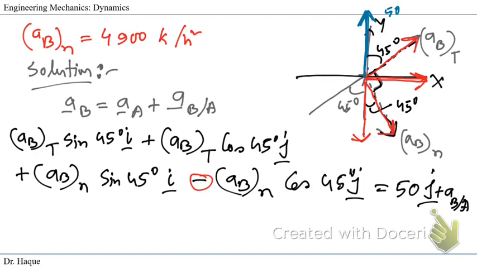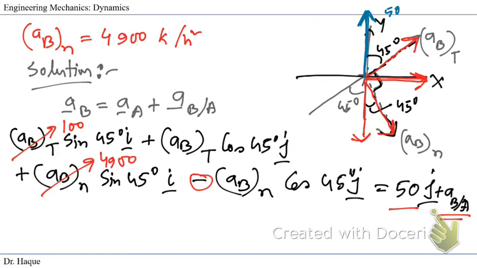So if we plug in the values, we know what AB is. AB tangential component, this value we just found, is 4990, and this tangential component is the same, and that is given, which is 100 km/h square, and we know cos 45 and sin 45 are 1/√2. We found this, so the only unknown is this one, and we can solve this.